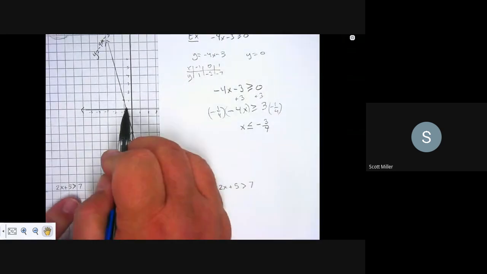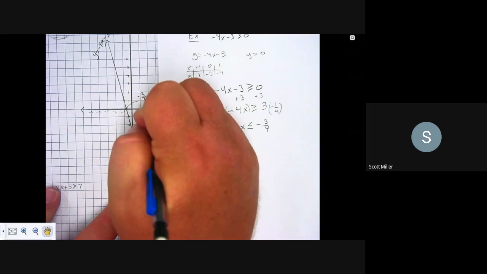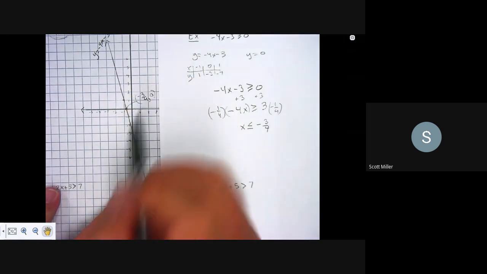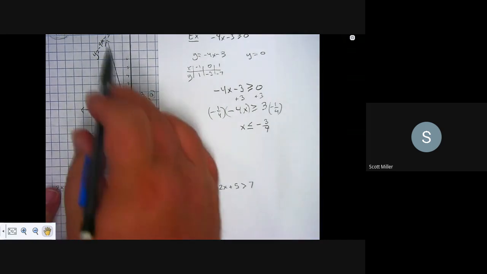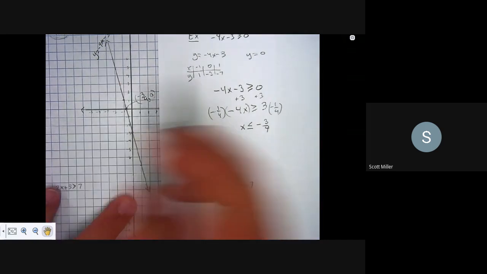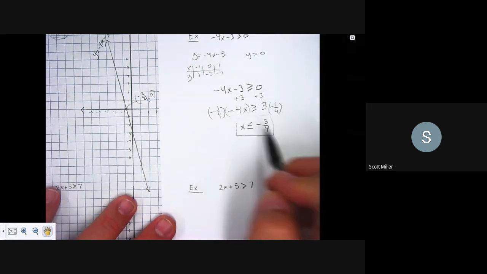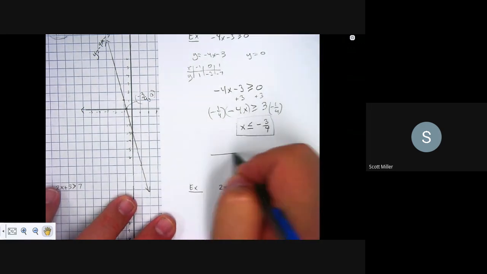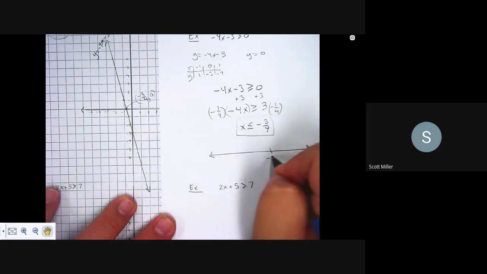So that number right there was a negative 3/4, 0. And my solution is all the points to the left of that, because that's where the line is above 0. And it confirms right here. So all the x's that are to the left of a negative 3/4. For the one variable solution graph, you just need to put negative 3/4.